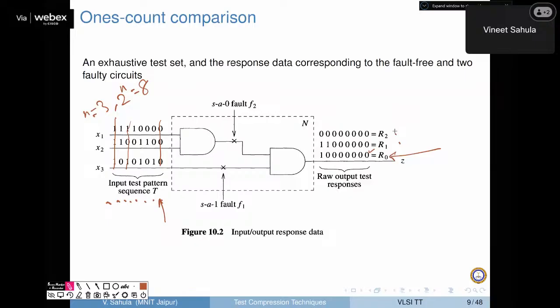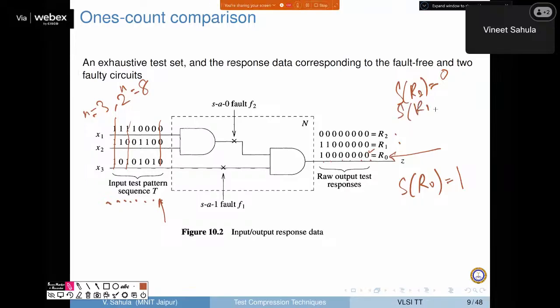If I apply the compression, the SR0 would be the ones count. What is the number of ones here? The number of ones present in this compression is 1. What is SR2? Number of ones present, 0. What is SR1? Number of ones present, 2.